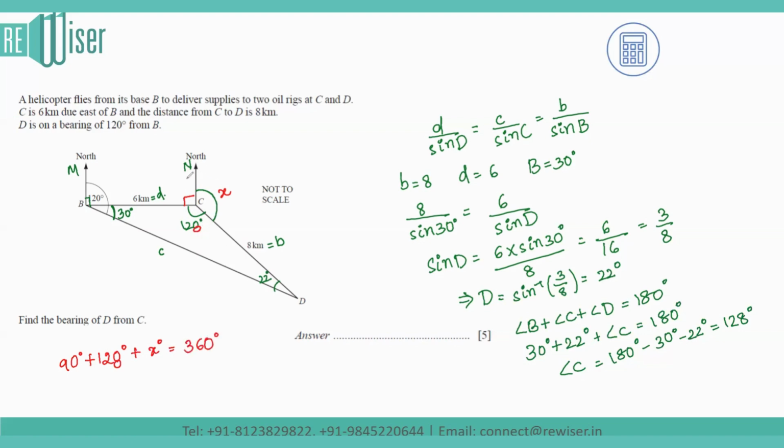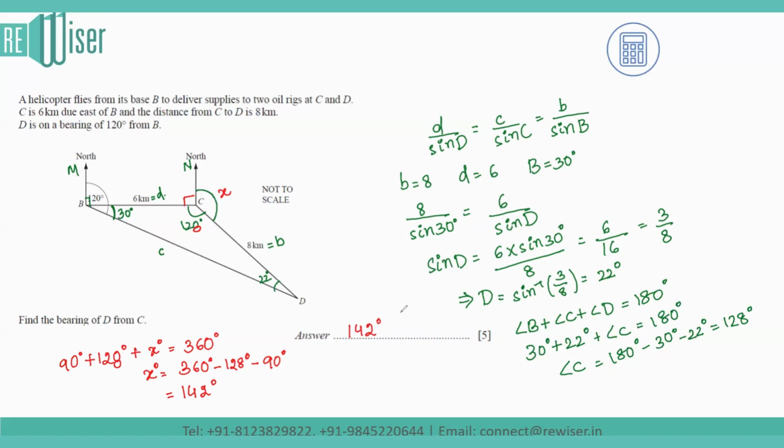Now, from here we find out x degrees is equal to 360 degrees minus 128 degrees minus 90 degrees, which gives us the value 142 degrees. Therefore, the answer to this question is 142 degrees.